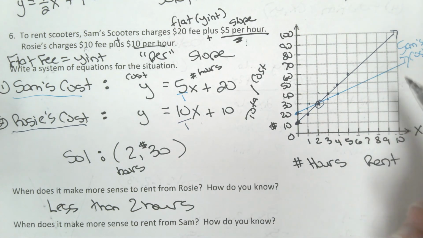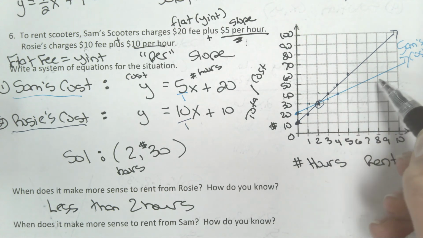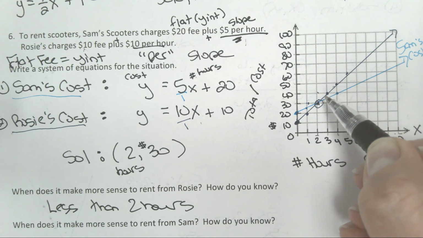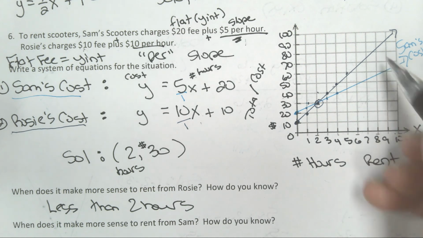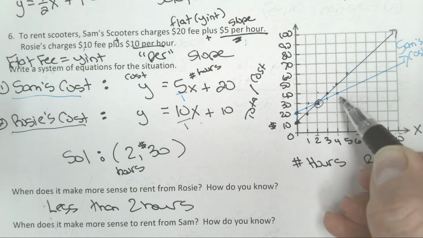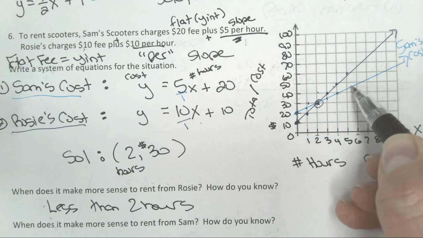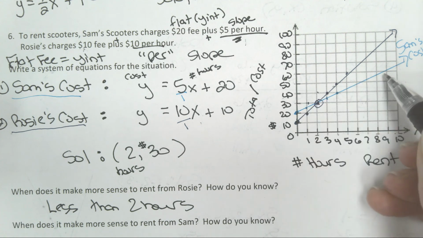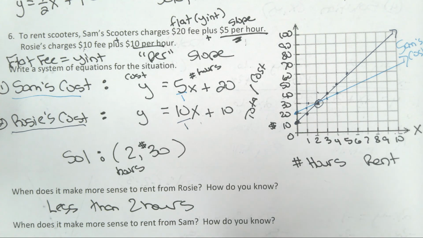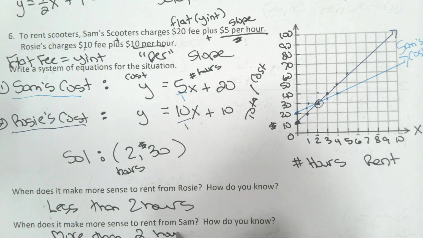When am I going to rent from Sam? So his line is under hers, and so from 2 hours on, anytime you want to rent, he's going to be less expensive. So more than 2 hours.